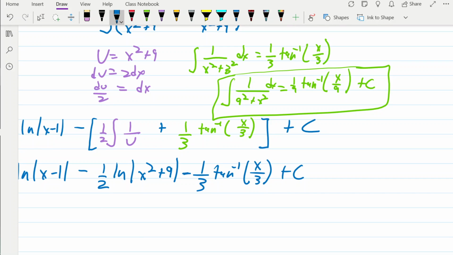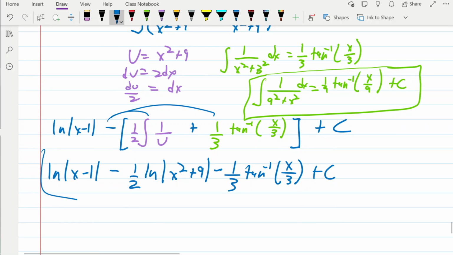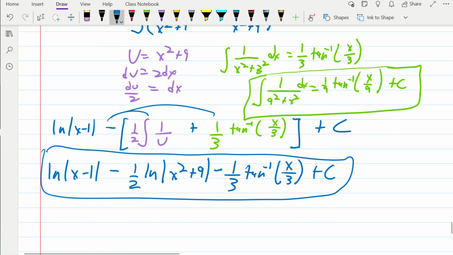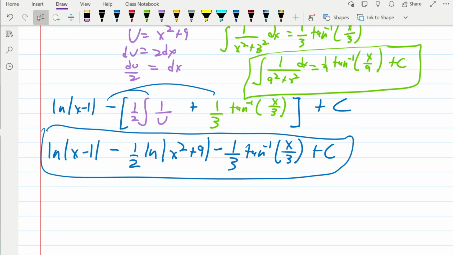That's the only... Oh no, because it's distributed. I forgot to distribute this sign to both. Plus c. All right, so this is the correct answer right here. Just don't forget to distribute and remember the tangent inverse formula.